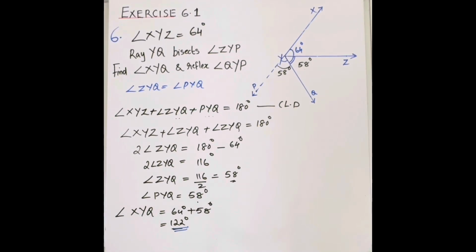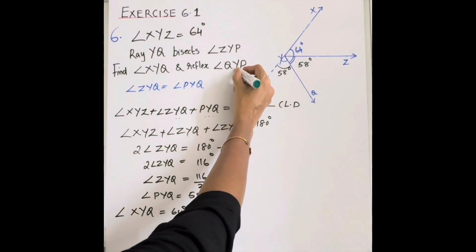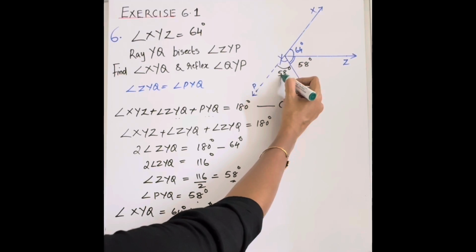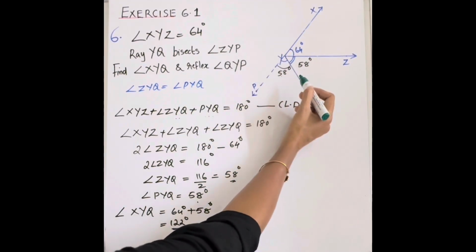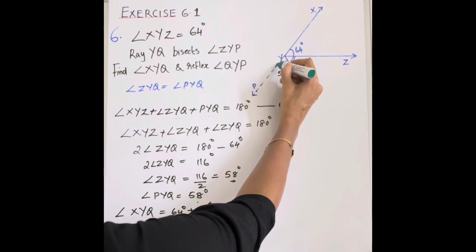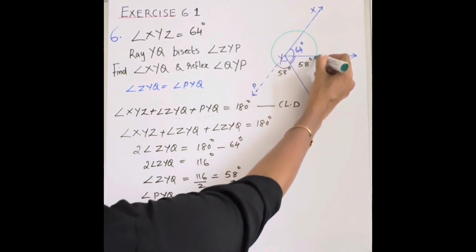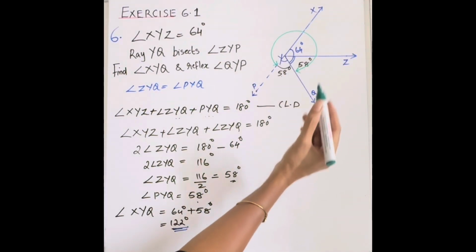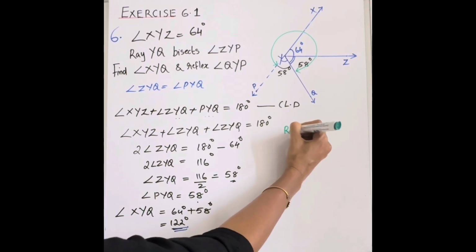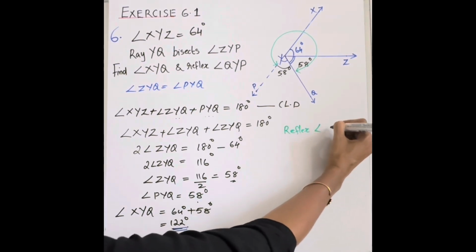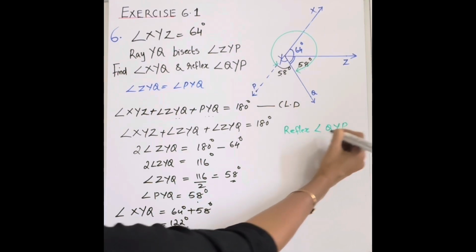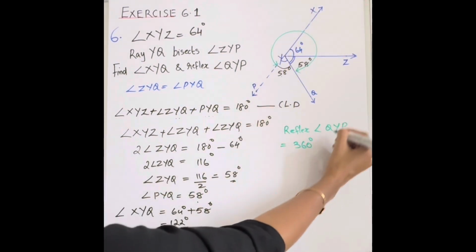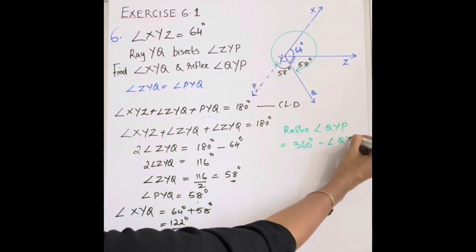So what is next to be found out? Next to be found out is reflex angle QYP. How do you find it? First we'll find out QYP. We know QYP is 58 degrees. We have to find reflex QYP. How do you find reflex QYP? Reflex angle QYP is 360 minus angle PYQ. So we write it down here: reflex angle QYP is equal to 360 minus the angle QYP.